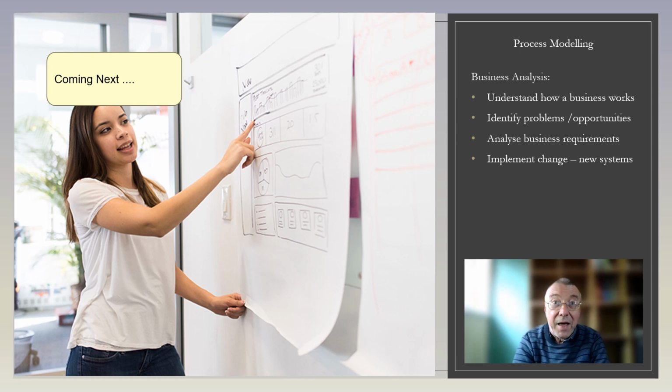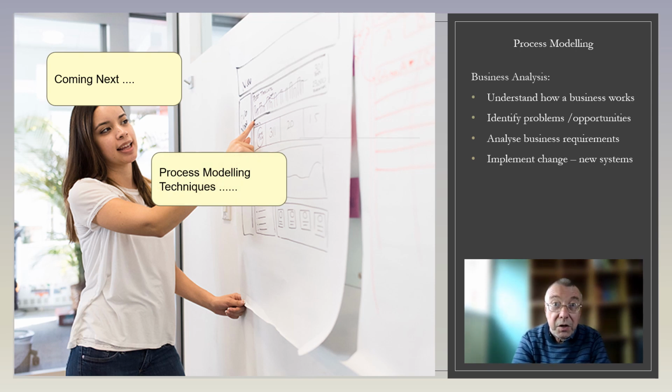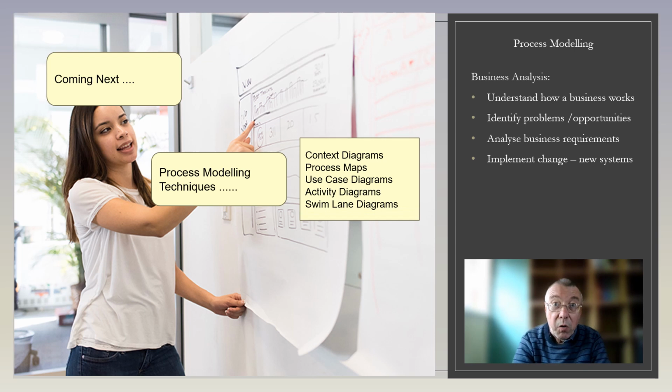What we will look at next is a number of process modeling techniques that you can use to understand how a business works and business requirements. And you will learn how to do these, how to apply them. So dive in, learn something useful, and enjoy.